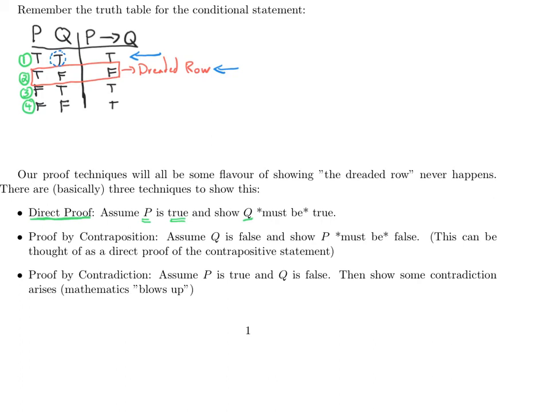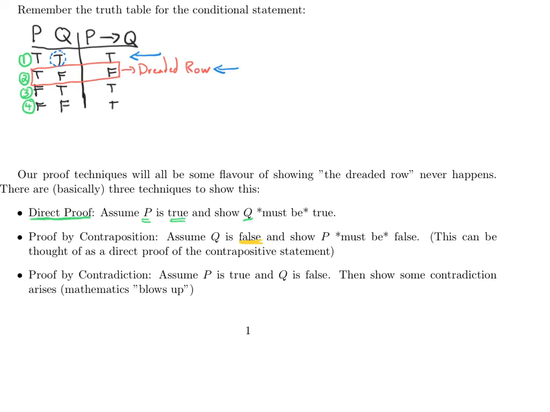If you think about it, well, there's another way of doing this as well. Instead of assuming that P is true, you can assume that Q is false. And I'll do this one maybe in yellow. If you assume Q is false, well, what possible rows could you be in?